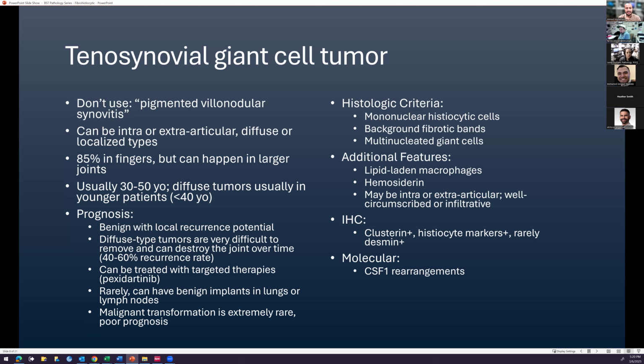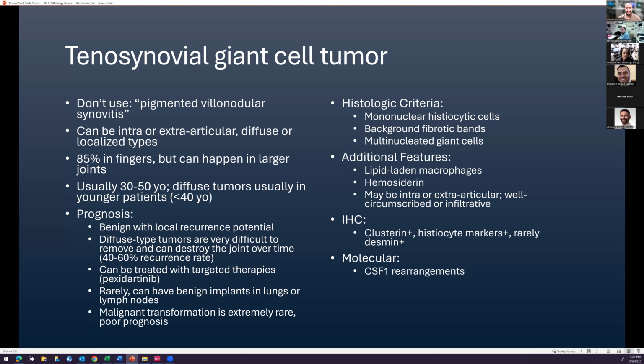It's kind of the first line. So medical therapies can help, and we'll talk about why that works. And this is one of those tumors that can rarely have benign implants or metastasis to lungs or lymph nodes. That does happen, so don't let it freak you out. You can get malignant transformation in these, but it's extremely rare. So I wouldn't really stress about it too much. It just doesn't happen all that often.